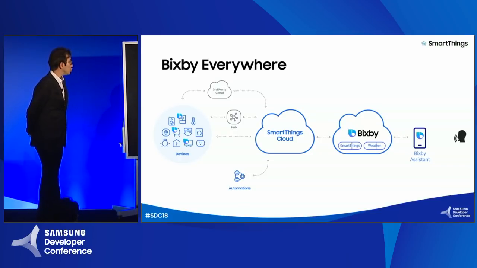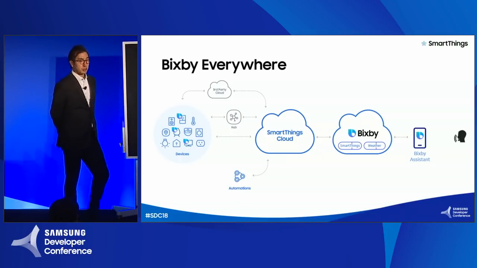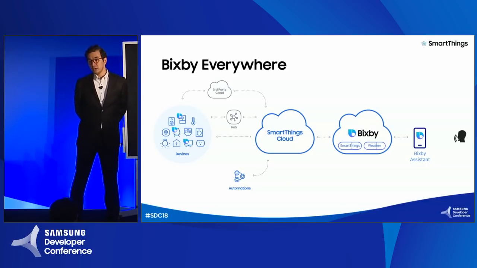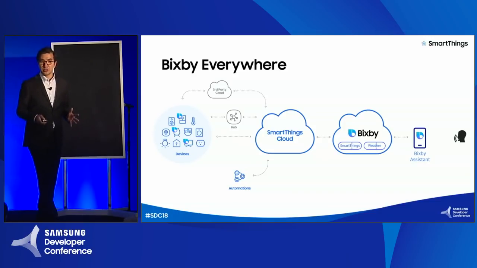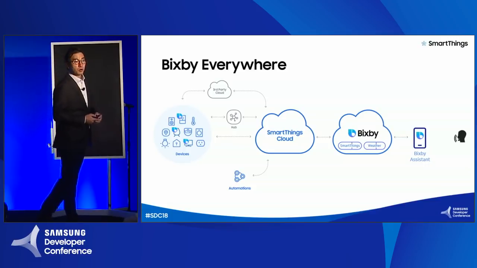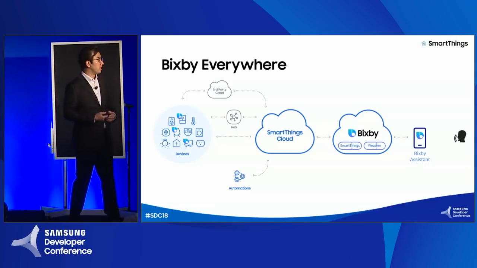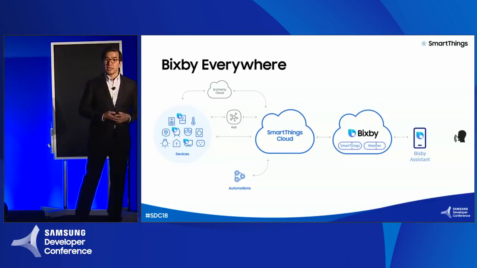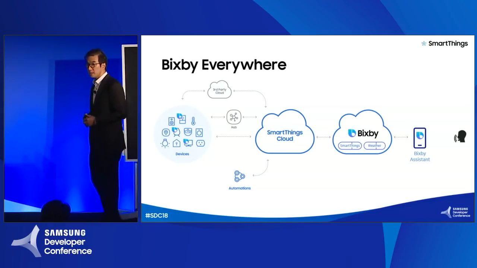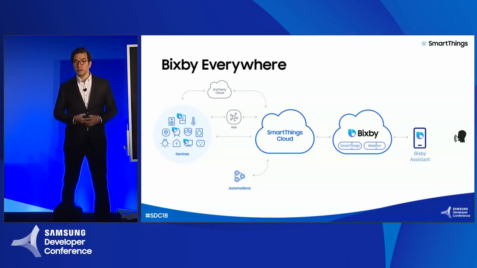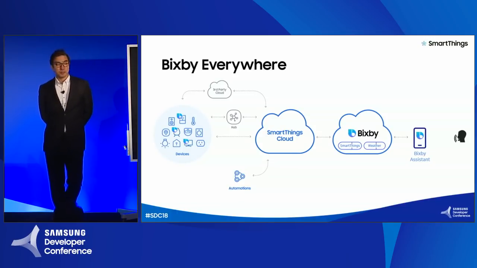But also, the user can speak to that Galaxy Home speaker to control other devices or ask about the weather. We are expanding Bixby Assistant to other Samsung IoT devices, so a TV is going to work as a Bixby Assistant, and a refrigerator too, and there will be more Samsung IoT devices that can hear the user's voice. So the user doesn't need to find the phone. You just go to any nearby Bixby Assistant and speak anything, then Bixby will handle that.